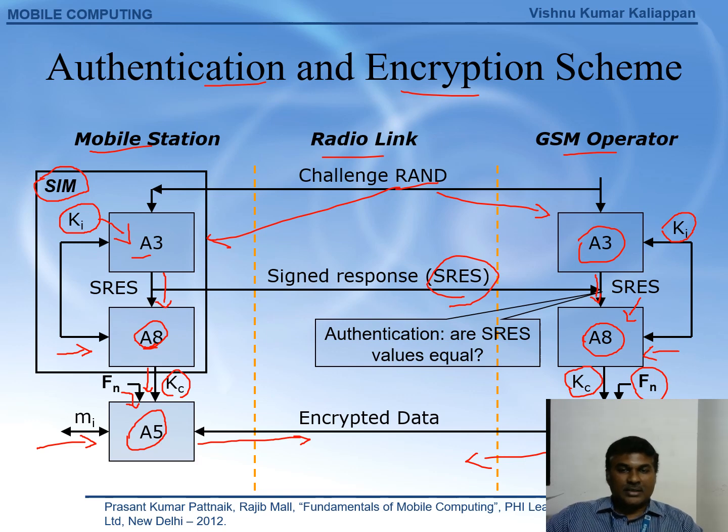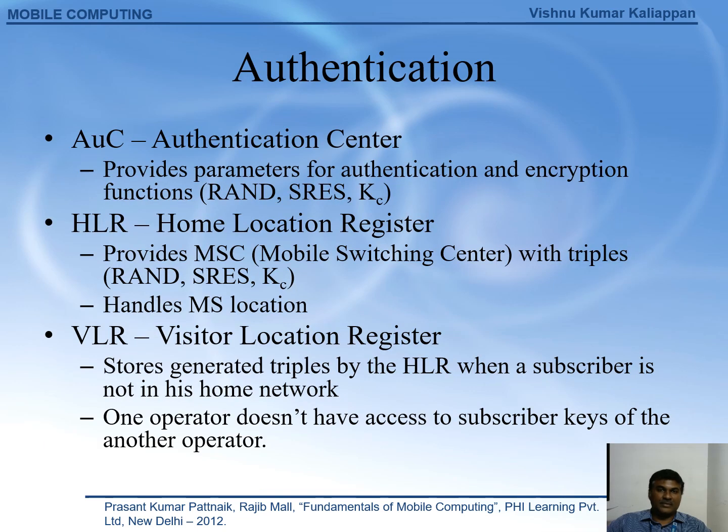Once the encrypted data is received, the A5 algorithm reverses the process for decryption, so it decrypts and gives the message on both sides. This is the entire process of the authentication and encryption scheme.